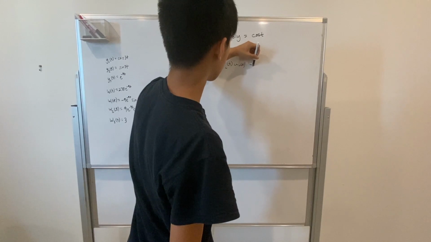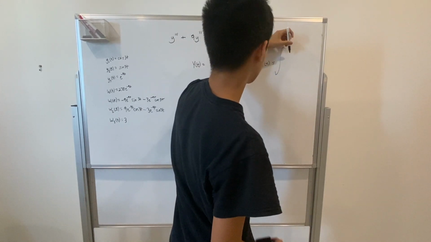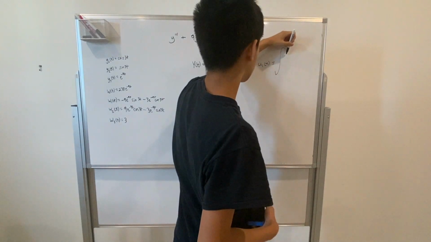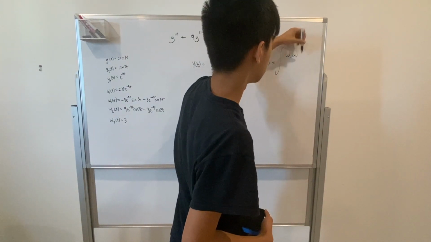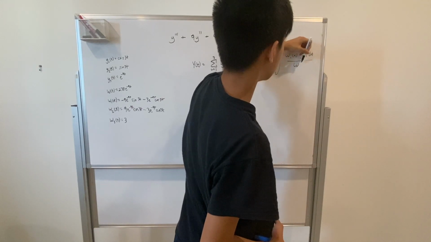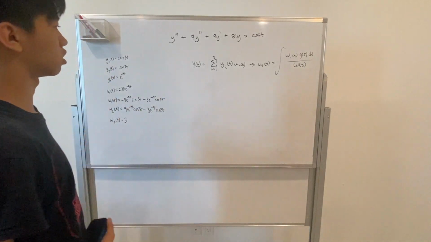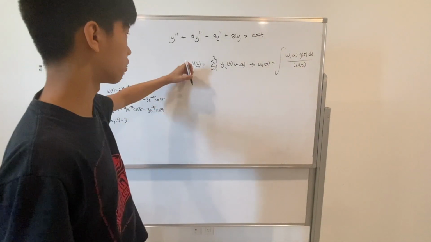Remember, u_i of t is equal to the integral of Wronskian i of t times g of t, dt, over the Wronskian. So let's see what we can do to all of this.